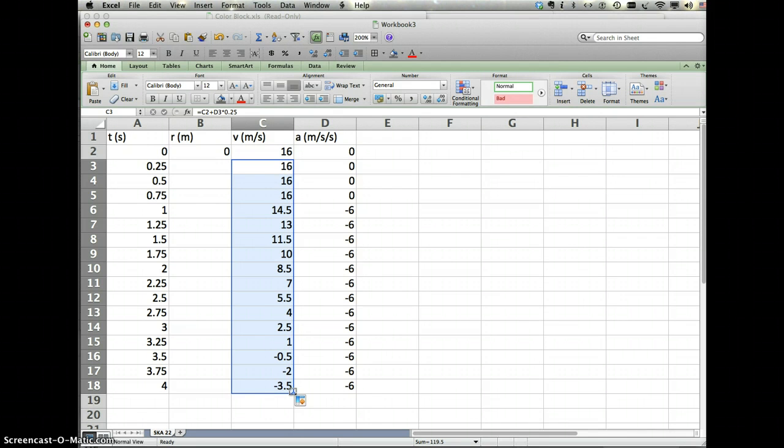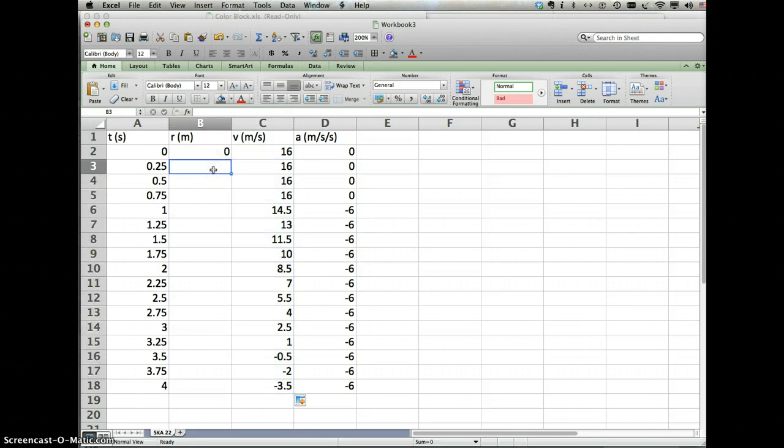Now for a first order approximation of position, we can say the same sort of thing. What we can say is that my position in the future is equal to, the equal sign there, the position that I was previously at, which is the cell right above, plus the velocity that I'm traveling, which is the cell right beside it, times the time step, which is the 0.25.